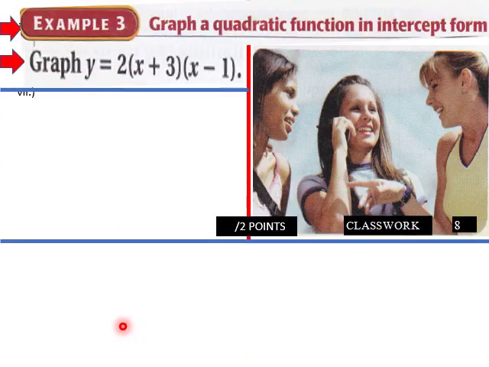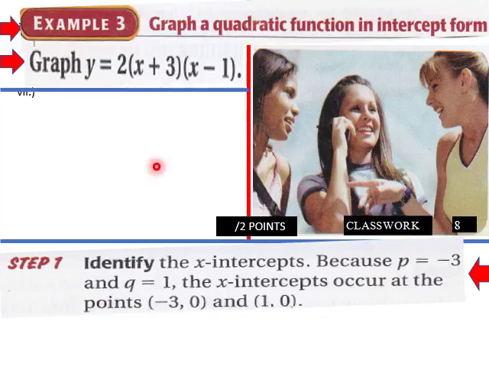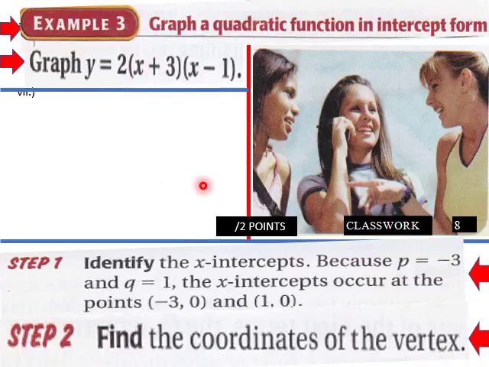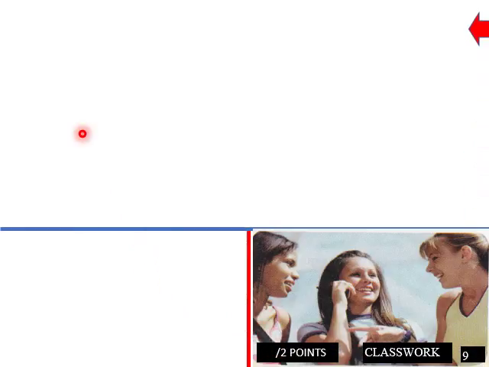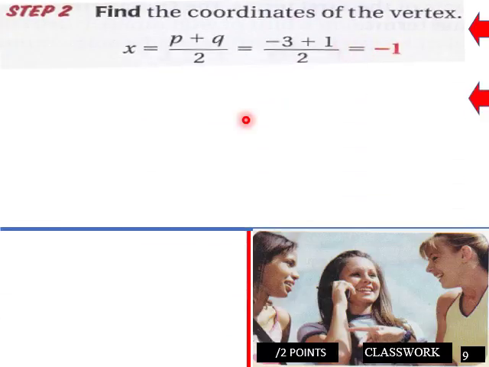So example 3, graph a quadratic function in intercept form. This is intercept form. So the x-intercepts are p equals -3 and q equals 1. The x-intercepts occur at these points, (-3, 0) and (1, 0). Find the coordinates of the vertex now. For knowing that, we can do exactly that. p plus q over 2, so we have x equals -1 as the x-coordinate of the vertex.